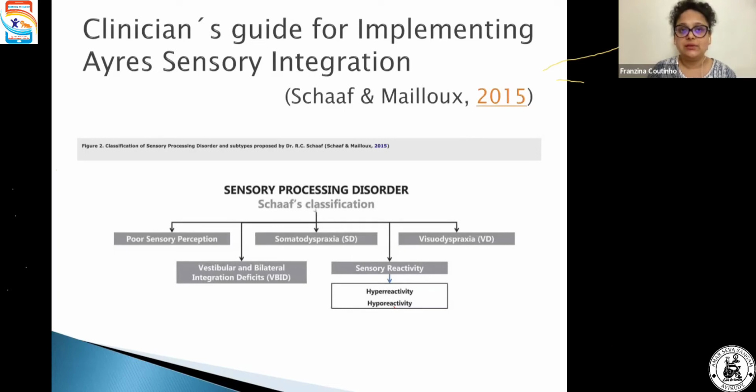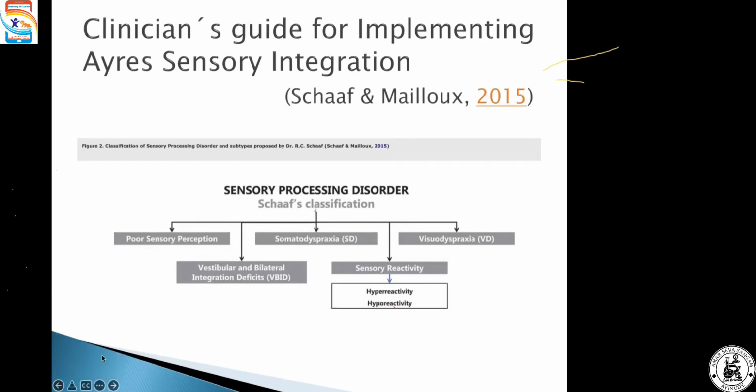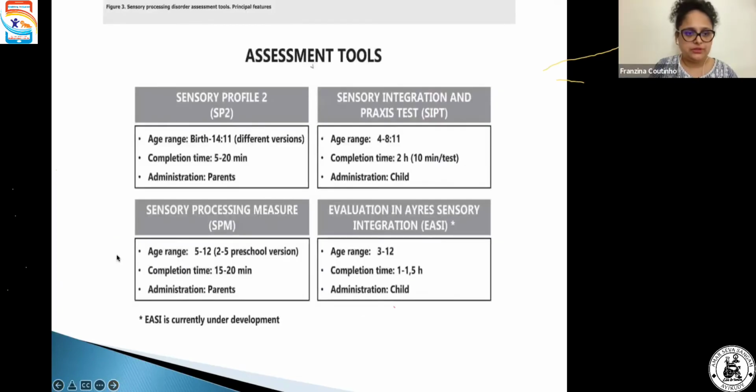Visual dyspraxia, they can't figure out differences between the lines. They can't figure out close and far. And then finally, you have sensory reactivity, which is hyperreactive or hyporeactive, like we've already discussed earlier. Okay, so this is the newer classification that we have in 2015.